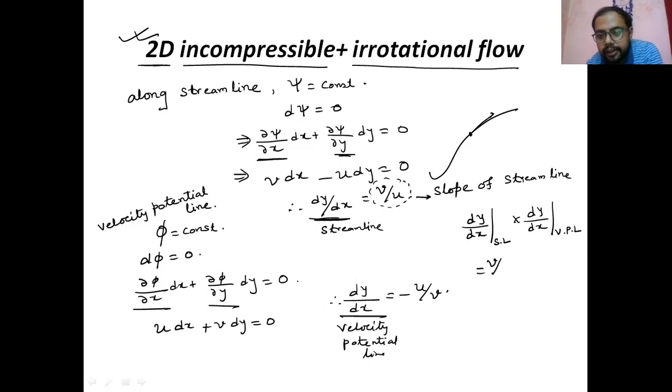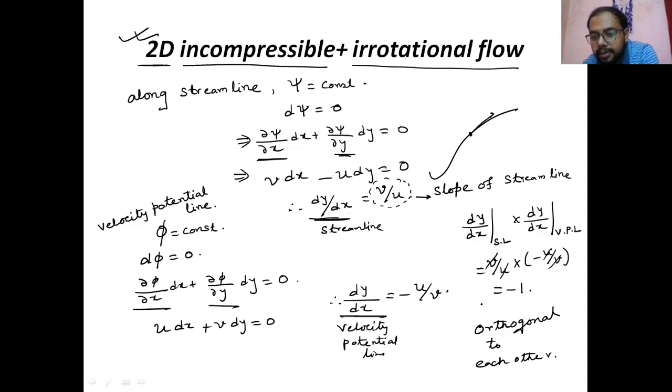is equal to v by u into minus u by v. So v will be cancelled and u will be cancelled. It becomes minus 1. Hence we can say the streamline and velocity potential line are orthogonal to each other, unless u is equal to 0 and v is equal to 0.